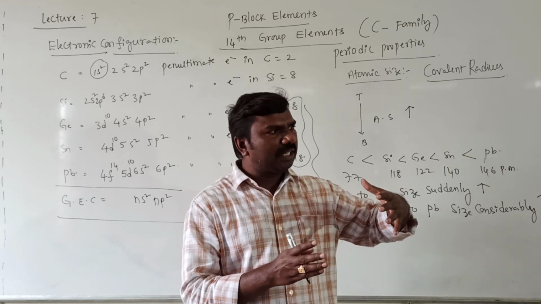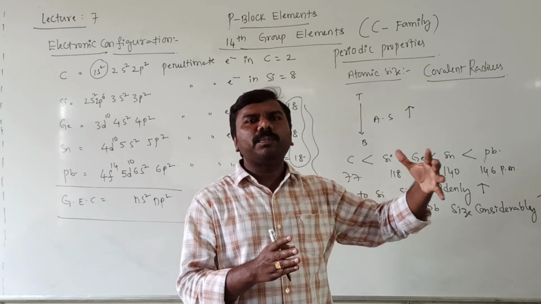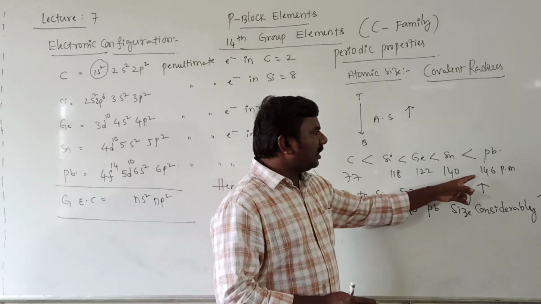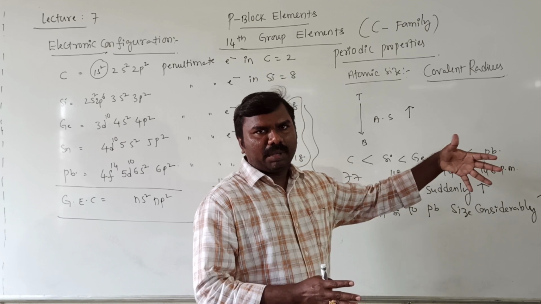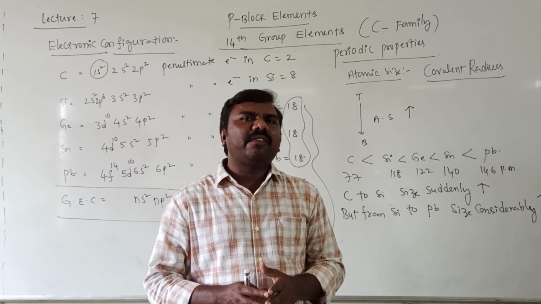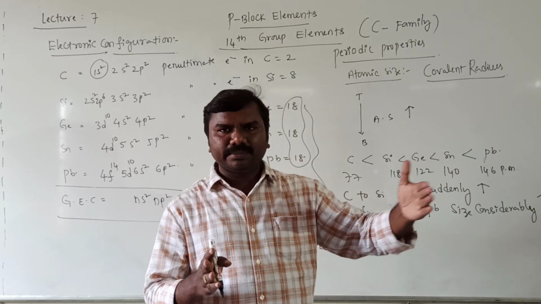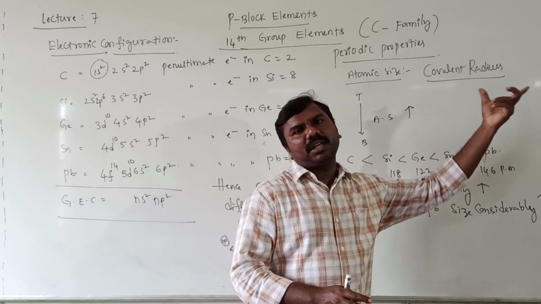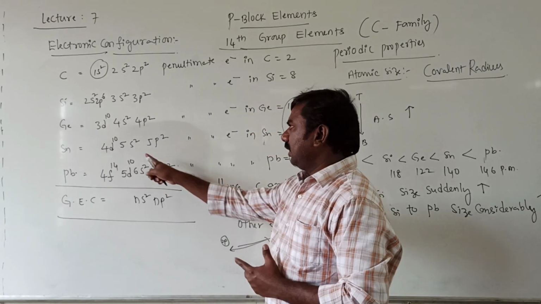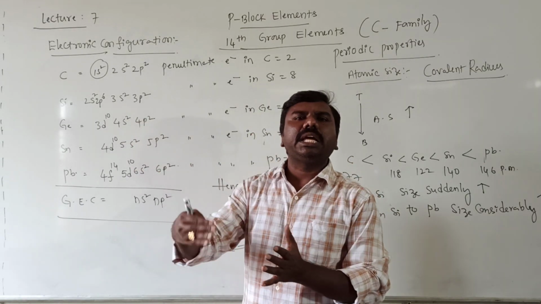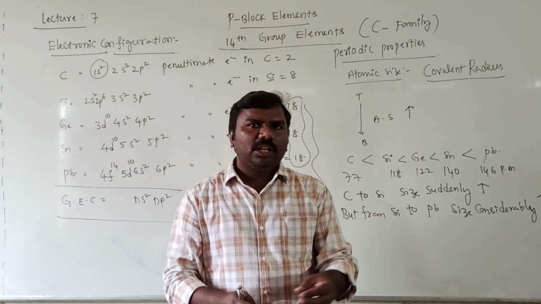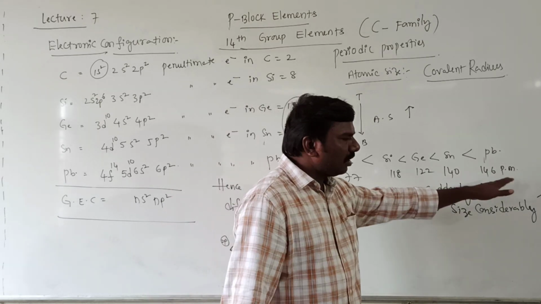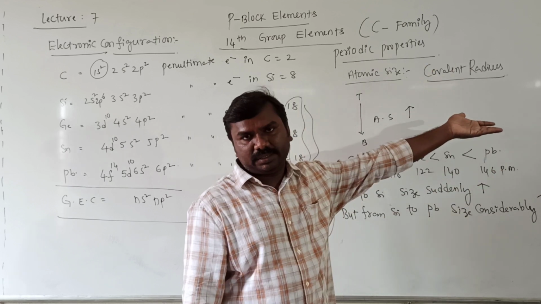Obviously size should increase, but due to poor screening effect, size must be decreased. But as I wrote, size is increased slowly, because the shells gradually increase. If the weak screening effect were not there, the size would go from 140 to 180.